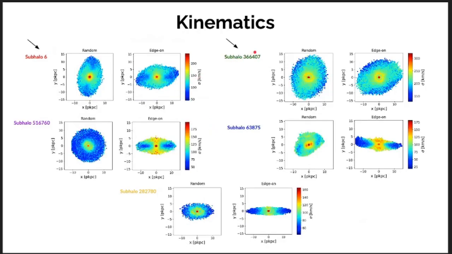We also look at the velocity dispersion of these objects, especially the central velocity dispersion, which is expected to be high. In the real galaxies, they go beyond 250 kilometers per second.